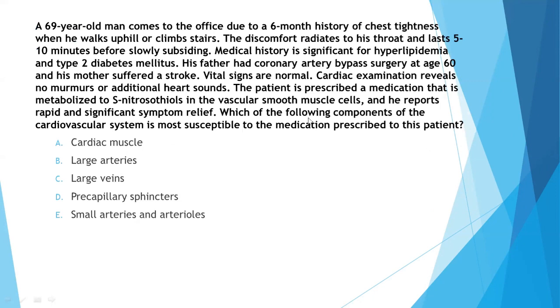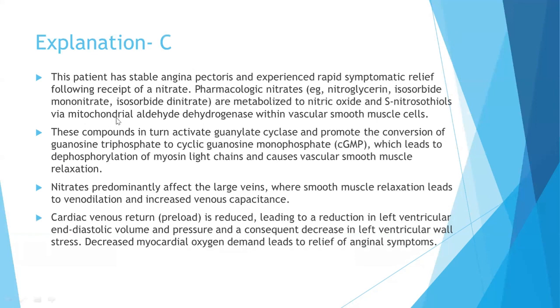Now, again, we have come to our question here. Which of the following components of the cardiovascular system is most susceptible to the medication prescribed to this patient? Cardiac muscle, large arteries, large veins, precapillary sphincters, small arteries, or arterioles. The patient has chronic stable angina and experienced rapid symptomatic relief following receipt of nitrate.